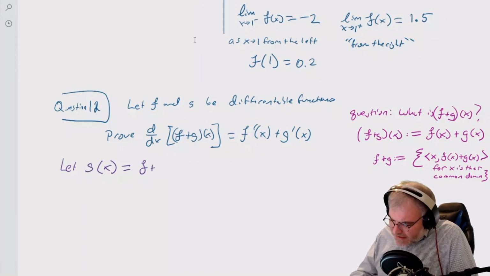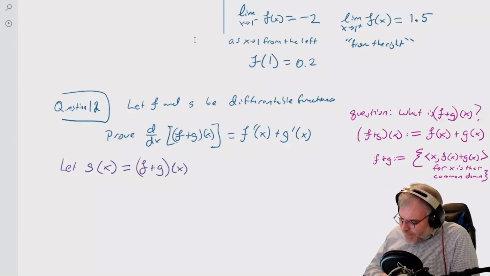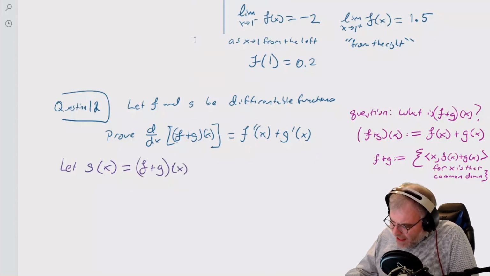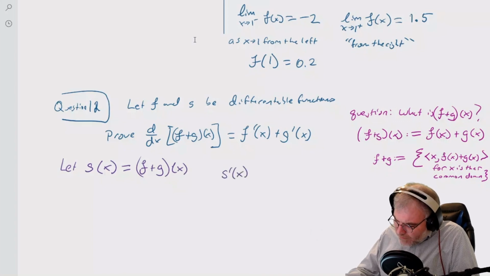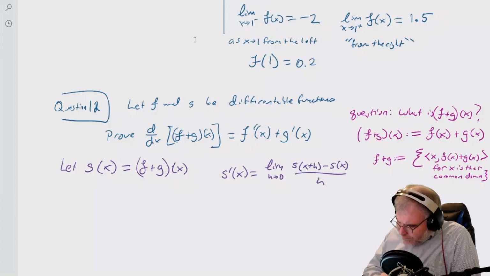Let S of X equal F plus G of X. Now S prime of X equals the limit as H goes to 0 of S of X plus H minus S of X all over H.